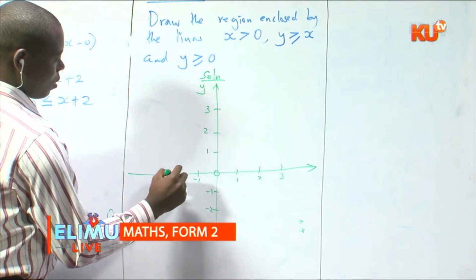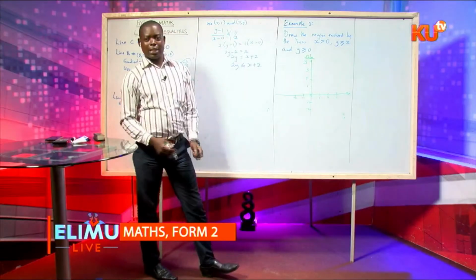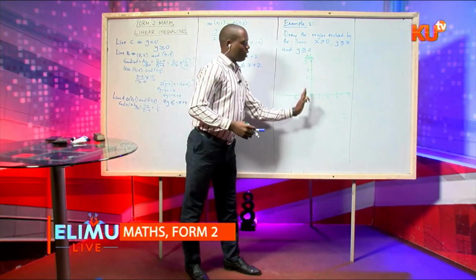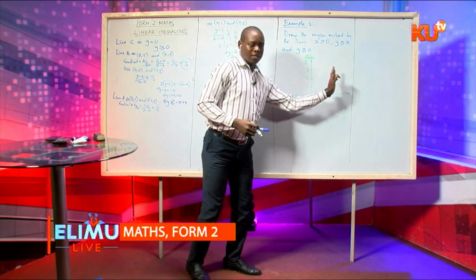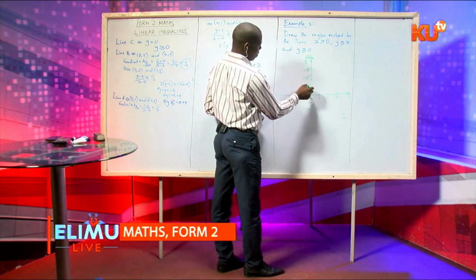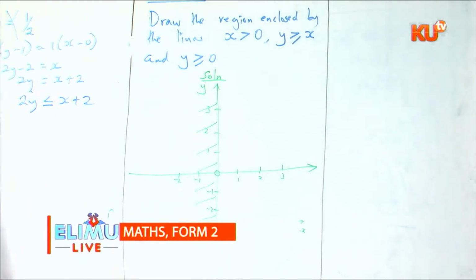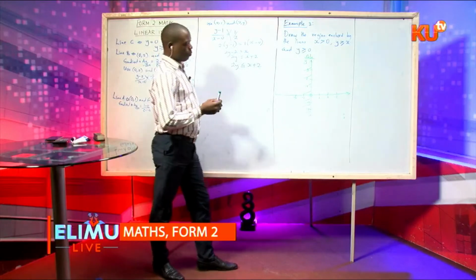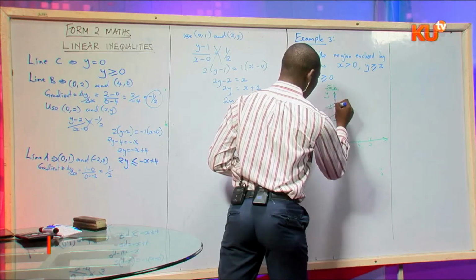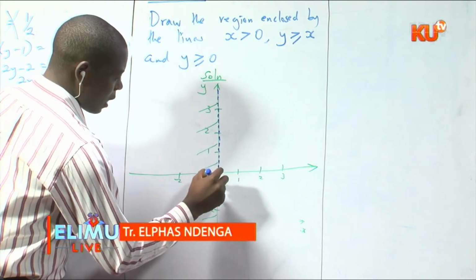The values greater than 0 are on this side, so we shade the opposite side. But remember, it is strictly greater than 0, so this line ought to be a dotted line.